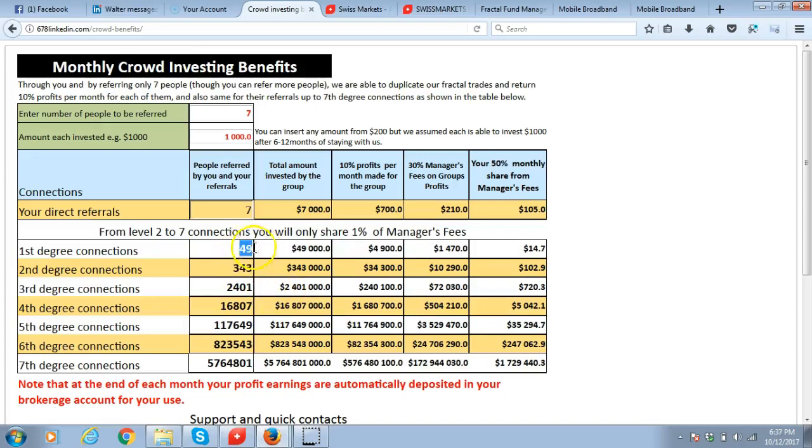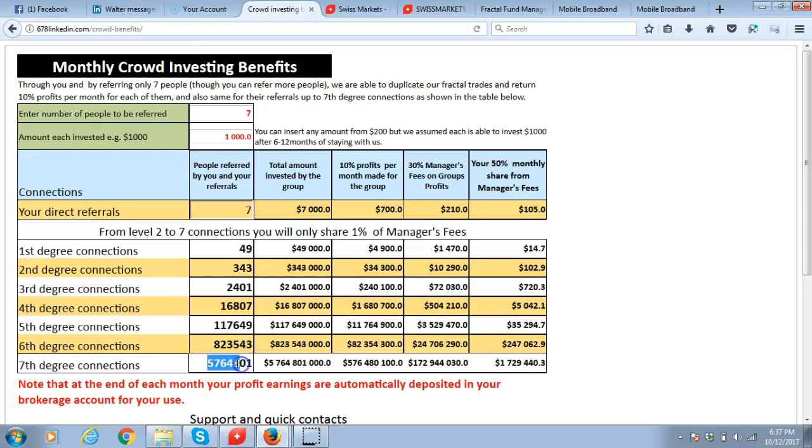If these 49 people introduce 7 people each, you will now have 343 people under your connections. And so on, until you have a very big connection growing. Your connection could reach 5.7 million people.